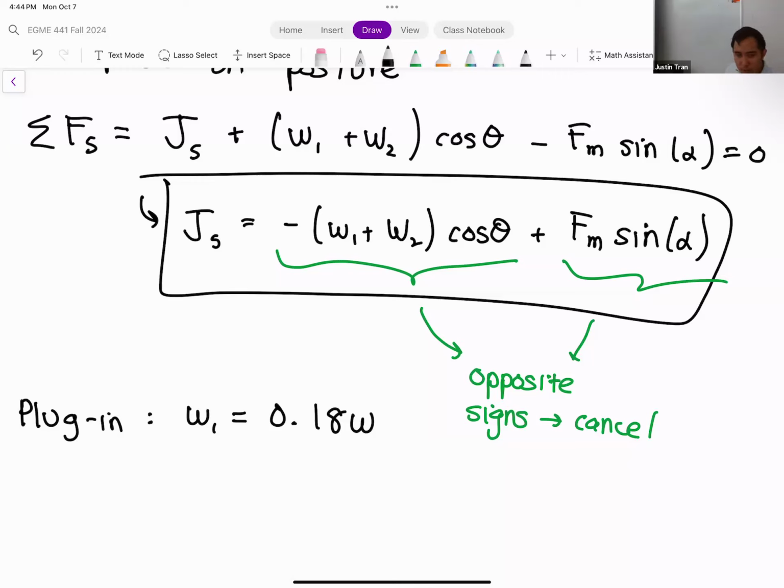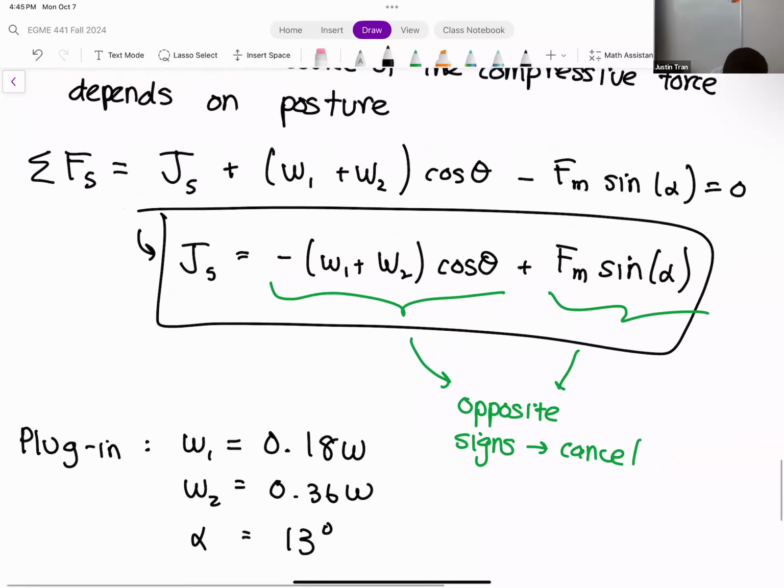Everything here is based on ratios of this person's weight and height. We'll say that W2 is 0.36 W. We need the attachment angle, which is going to be constant in all three cases, so we're going to say alpha is equal to 13 degrees. These numbers are applicable for all three cases.